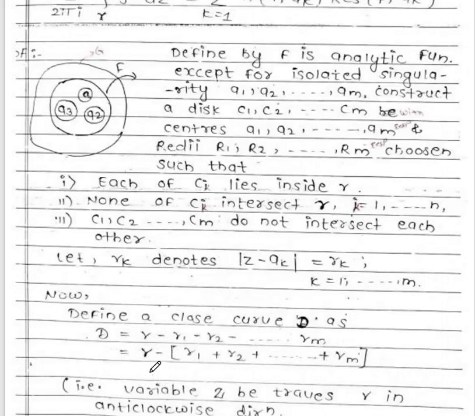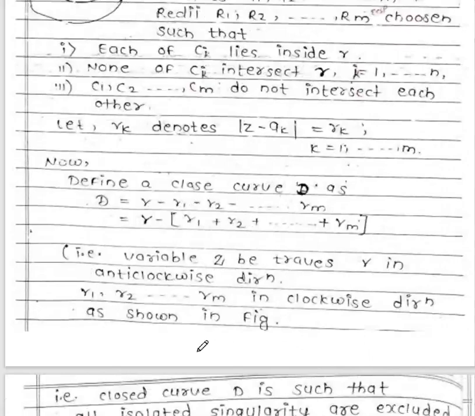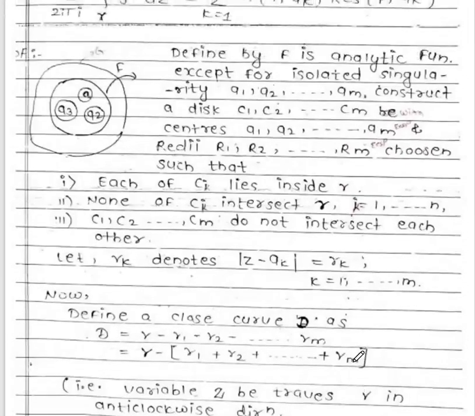Here the variable z travels the curve gamma in the anti-clockwise direction, whereas gamma 1, gamma 2, ..., gamma m are in the clockwise direction as shown in the figure.